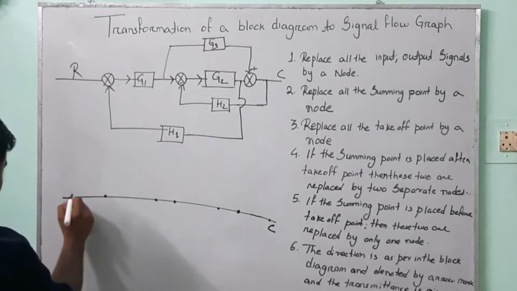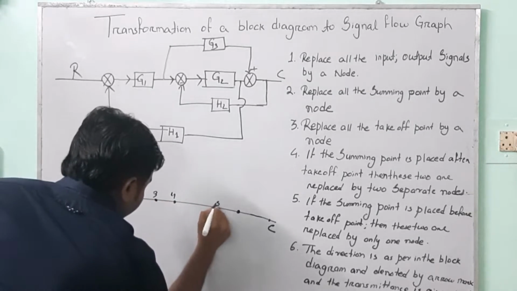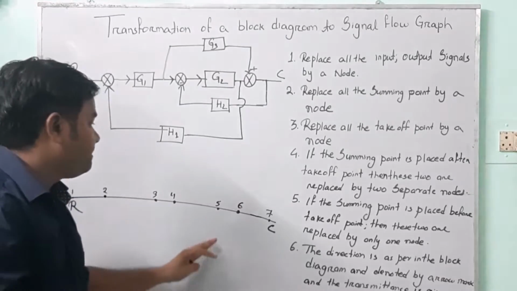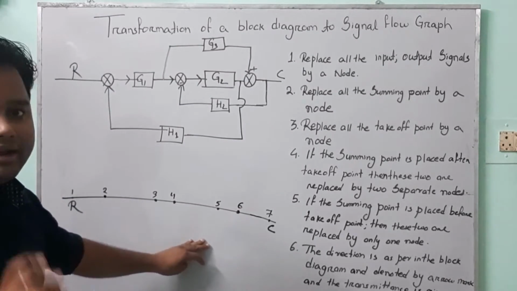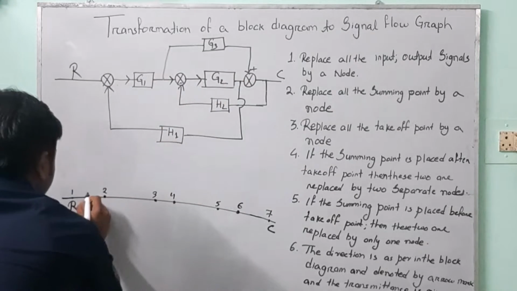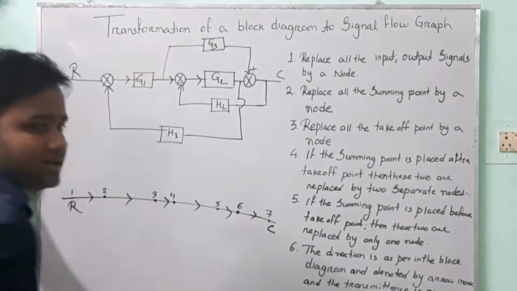Now the number of nodes is 1, 2, 3, 4, 5, 6 and 7. 7 nodes are here. Here we have to mark the arrows. All are in a straight line. The arrow mark is given.